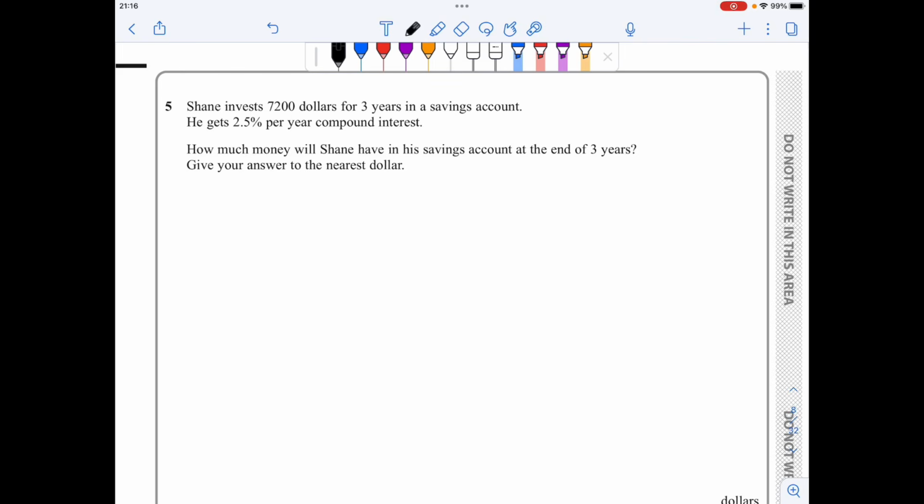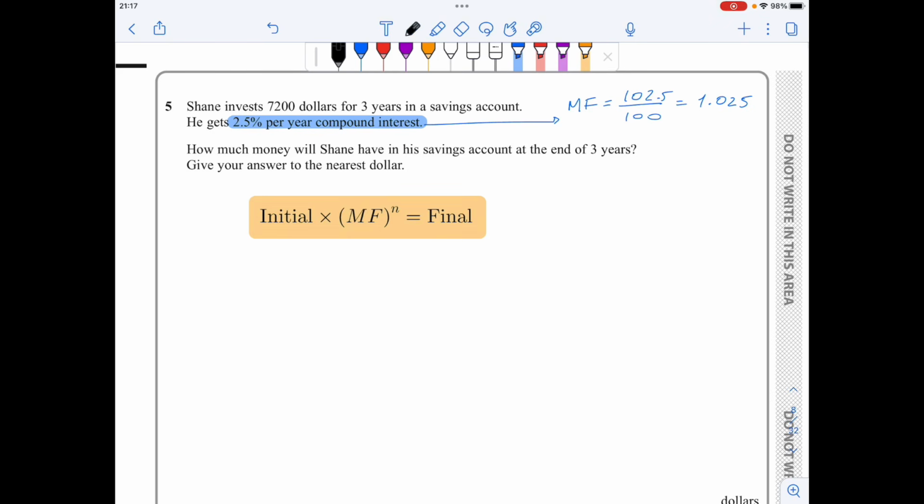In question 5, I have a compound interest of 2.5% per year. This means that my multiplying factor will be 102.5 over 100. As a decimal, that's 1.025. Hence, using the formula, initial value times the multiplying factor to the power of 3 equals the final value, I can just substitute the values in to get the final amount.